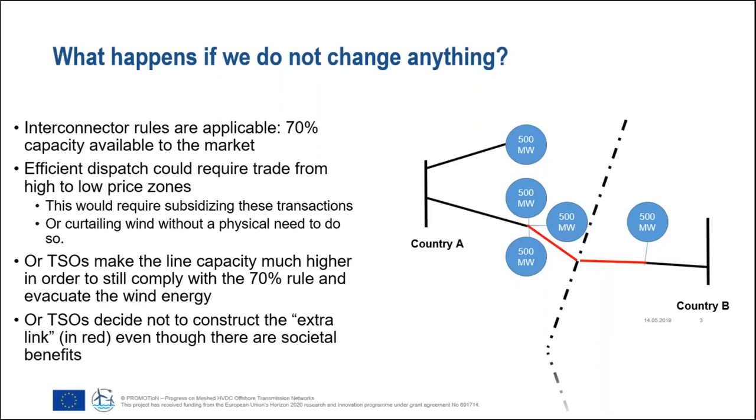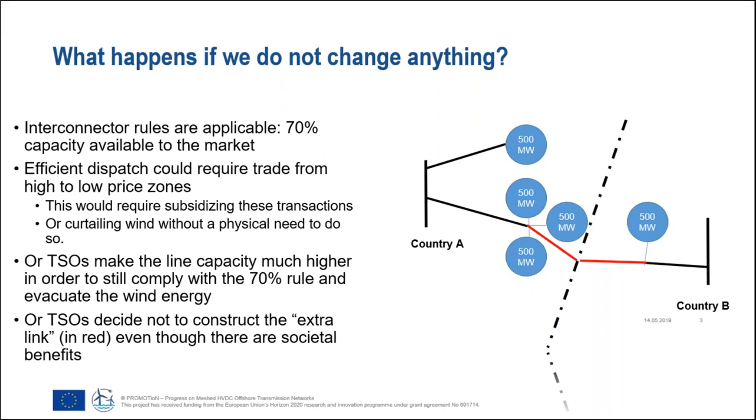Efficient dispatch could require trade from the high to the low price zones, as Laurens already explained. Or TSOs should make the capacity of this line much higher than what would normally be necessary in order to still comply with the 70% rule and evacuate the wind energy at the same time.